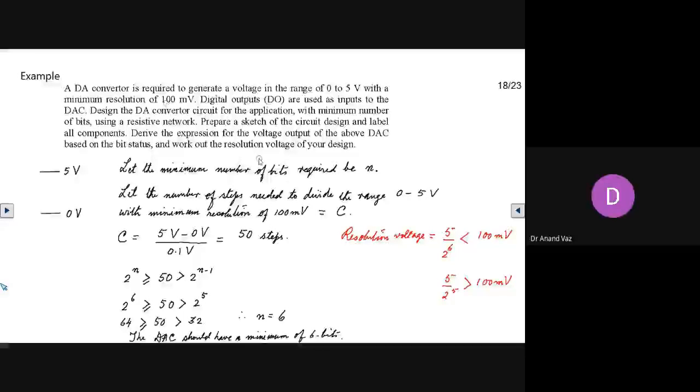We should not have 2 raised to 7 here. Because we are talking about the minimum number of bits that are required. If we take 2 raised to 7, while it serves our purpose, it exceeds the minimum number of bits required. Are you clear about it now? Yes, sir.